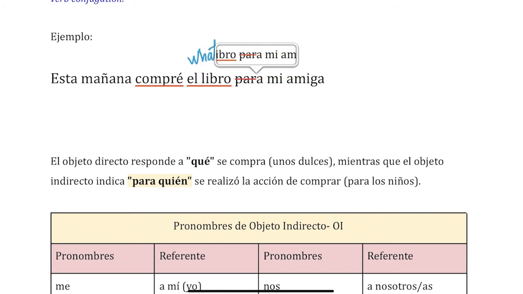In this sentence, we have more objects. Para mi amiga is going to be the beneficiary of the action of the verb. The verb, remember, is comprar. So, to whom or for whom will be the question that para mi amiga is answering.